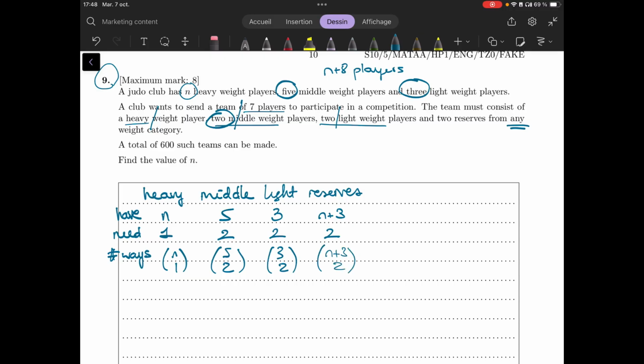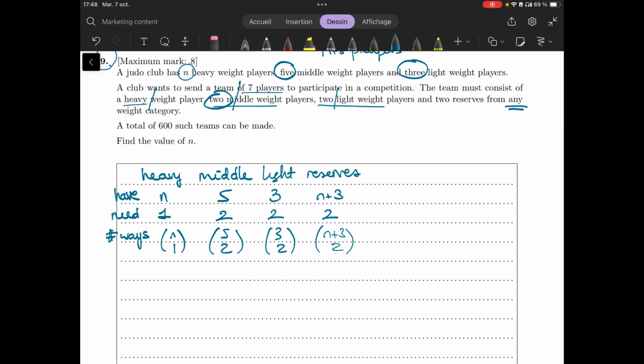N plus 3 chooses 2. A total of 600 such teams can be made. Therefore, if we multiply all 4 numbers, we would get 600. This is the end of the counting part.